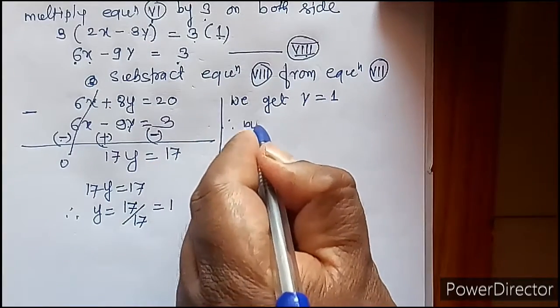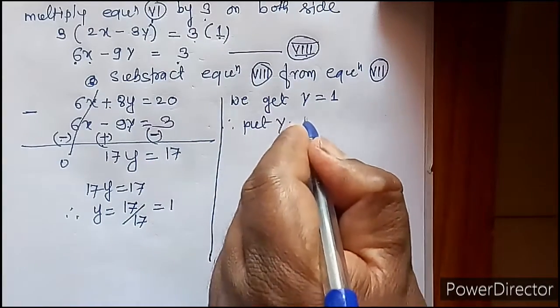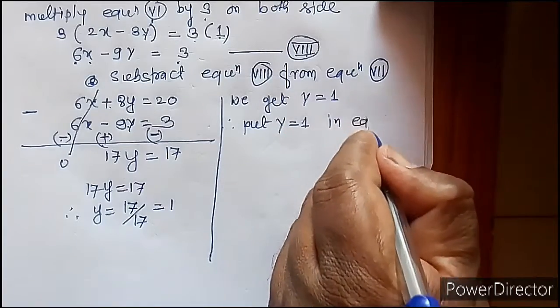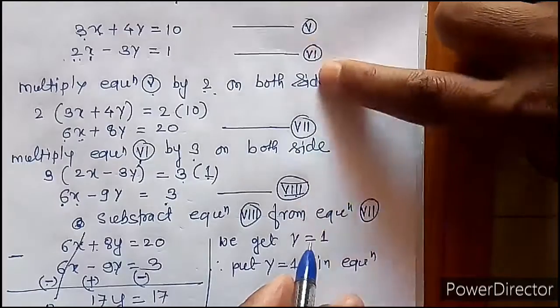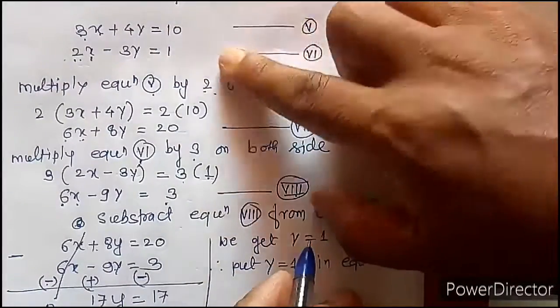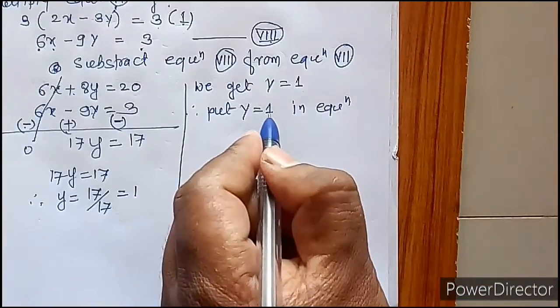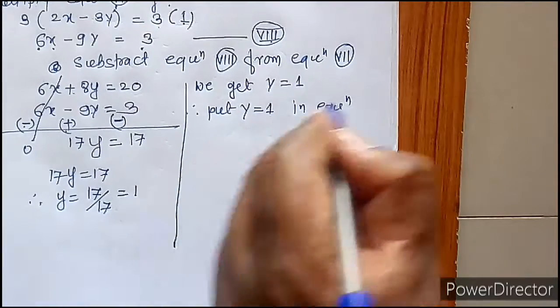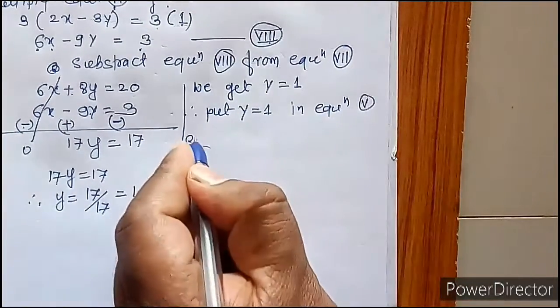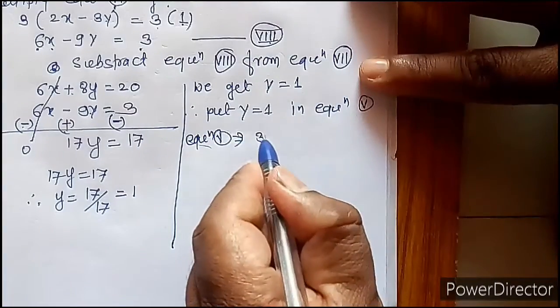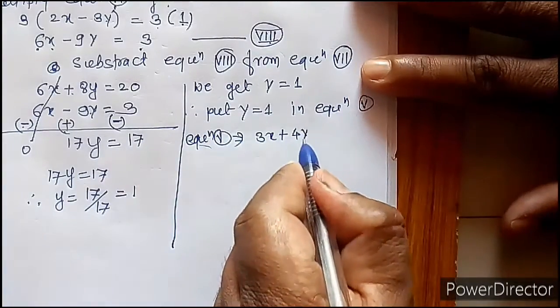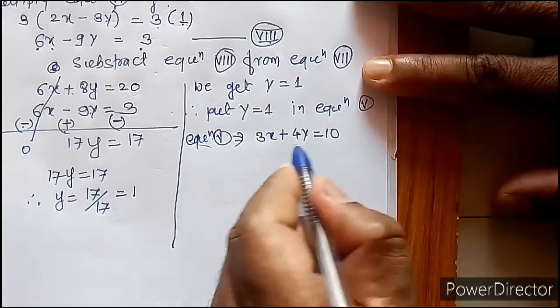Therefore put y equals 1 in either equation 5 or equation 6. We are putting it in equation 5. Equation 5 is 3x plus 4y equals 10.